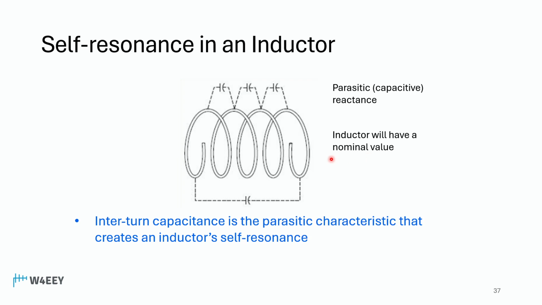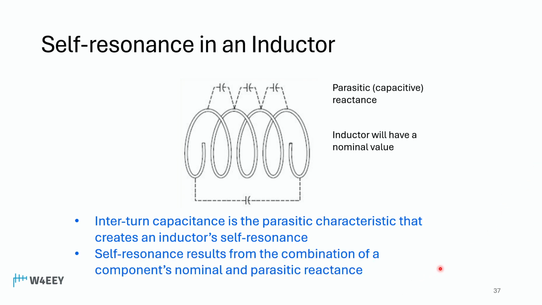And at some point, it's going to switch from an inductor to a tuned circuit. It'll be resonant. And if you keep going higher in frequency, this inductor is going to be acting like a capacitor. Very, very weird. And if you don't know about this, it could cause some real strange effects in your circuit. Again, only if you're designing circuits or building radios, you need to take this into consideration.